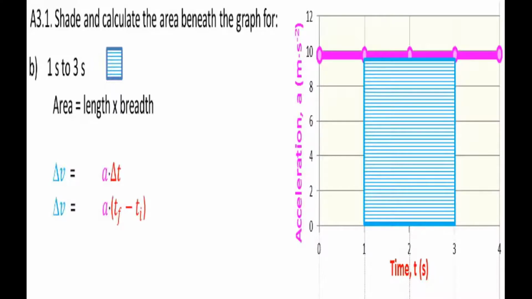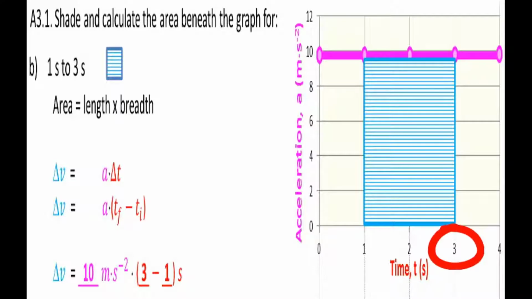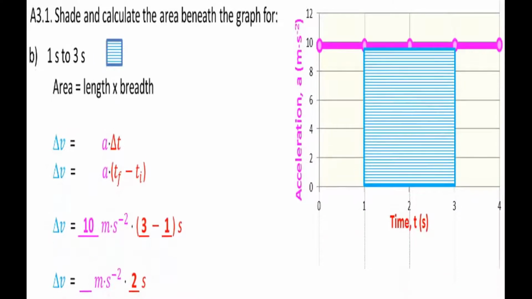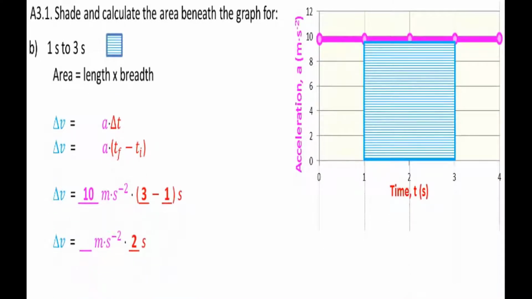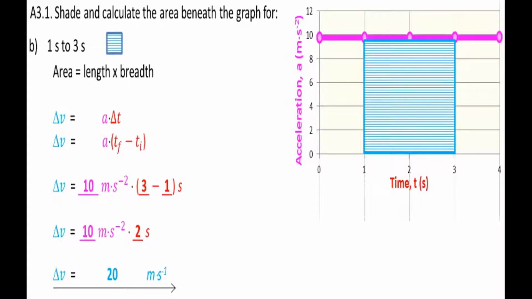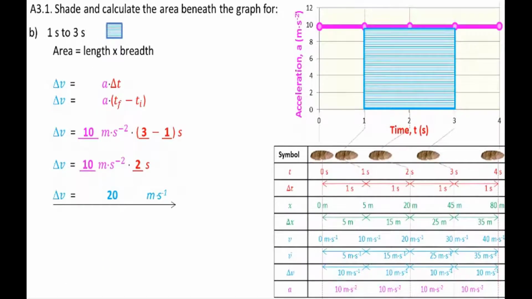So the change in velocity is equal to 10 meters per second squared, the acceleration, multiplied by 3 minus 1, in other words, final time 3 seconds, initial time 1 second. 3 minus 1 is 2 seconds, that's the duration of the interval. So we have 10 meters per second squared multiplied by 2 seconds, 20 meters per second. That's how much the velocity changed during this interval.